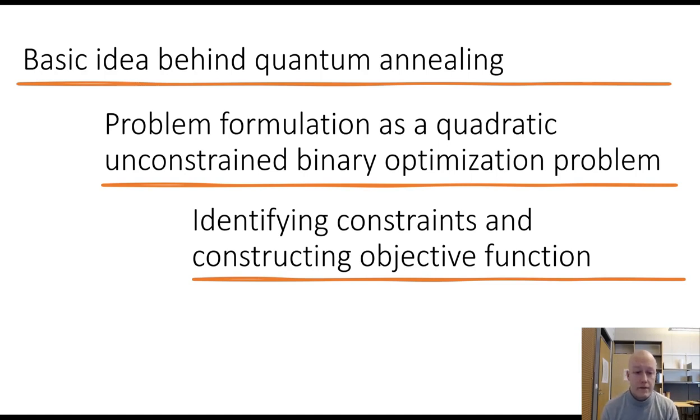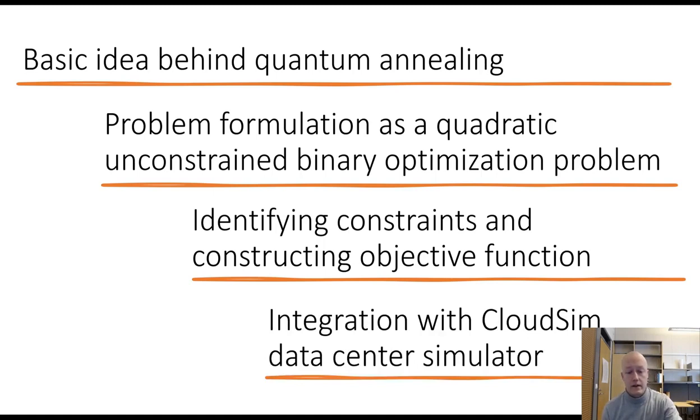Anyway, we formulate this allocation problem in terms of these QUBO problems, and then we finally present how this quantum annealing solution could be integrated with the actual CloudSim data center simulator.